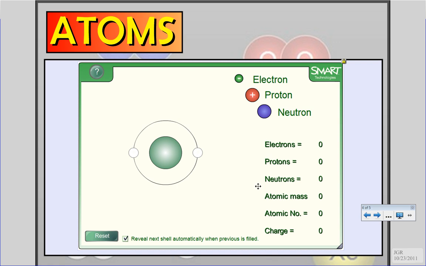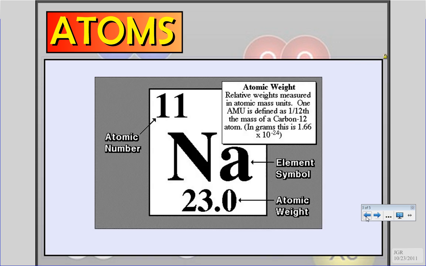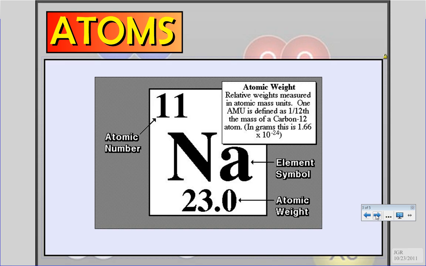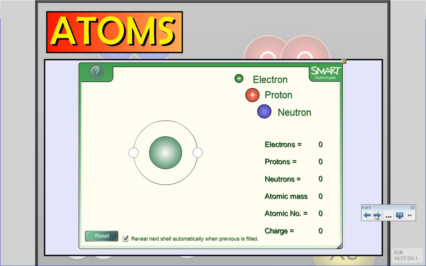Let's begin with, say, boron. Boron has 5 for the atomic number, so that means it's going to have 5 protons in the nucleus. So let's put 5 protons in the nucleus.